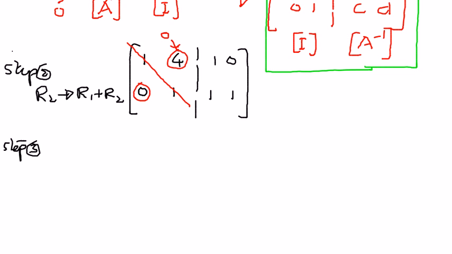This time, we want to perform the row operation on row 1. The new R1 is going to be equal to existing R1 minus 4 times R2, isn't it?